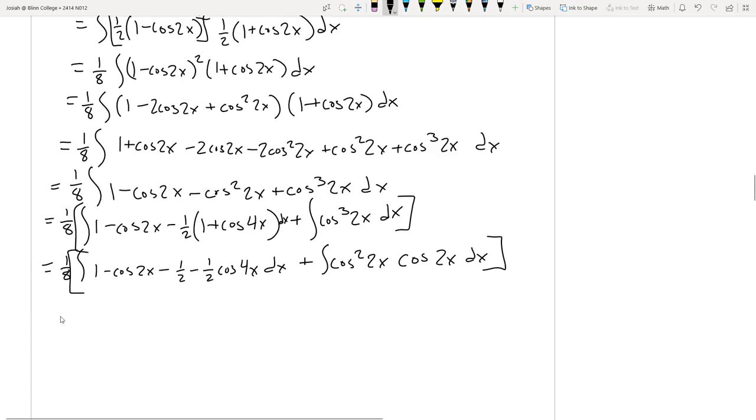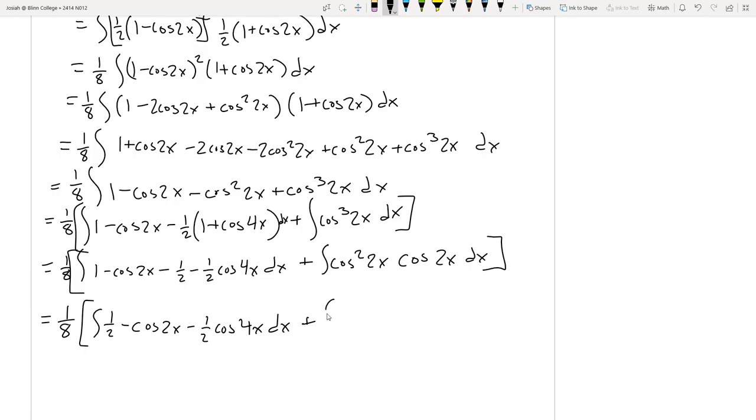For the first integral, we'll combine some like terms: 1 minus 1/2, we get 1/2 minus cosine of 2x minus 1/2 cosine of 4x. And on our second integral, we'll use the Pythagorean identity, and we are almost there.